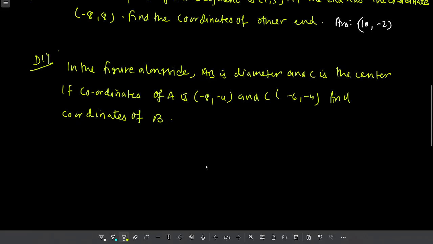So AB is diameter, C is the center. So it is based on a circle.